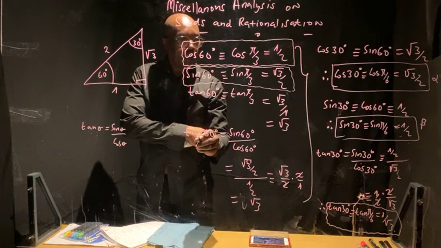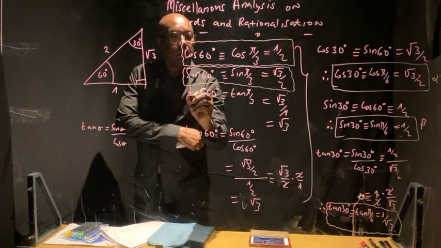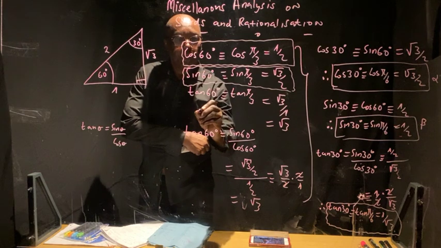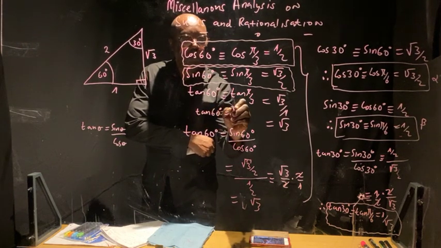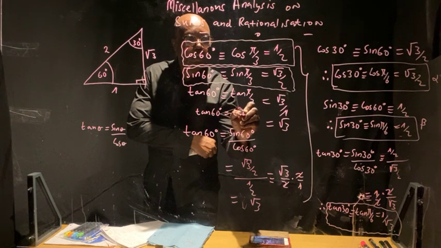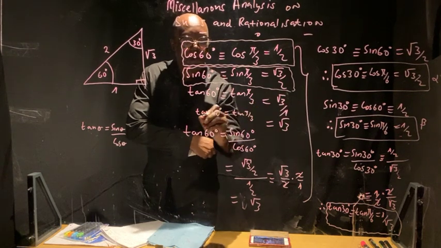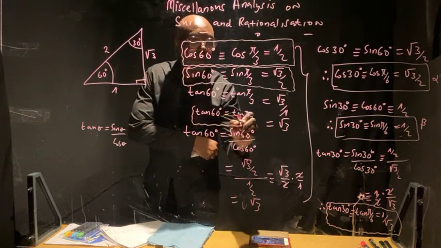And the third one, tan 60 equals tan pi by 3. This is the third one.